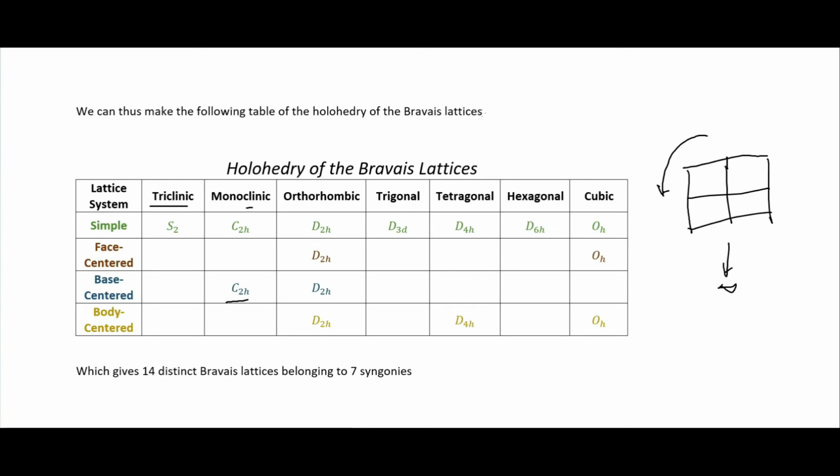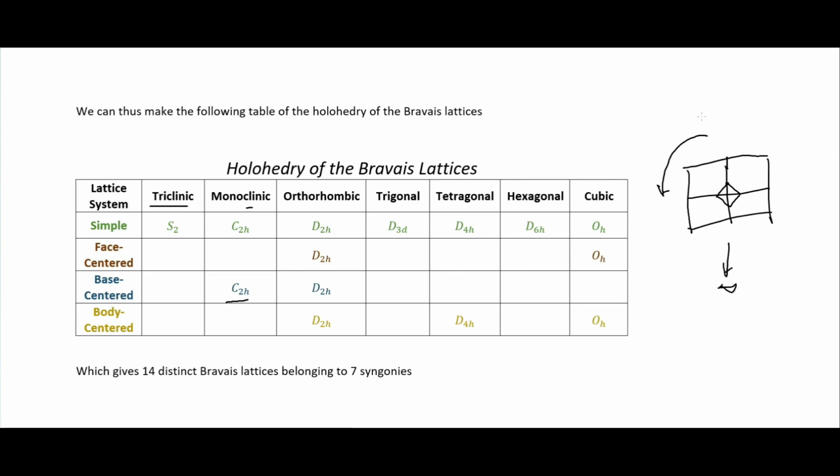Like I said, in the next video, we'll start thinking about what happens if we start putting things with symmetry into each of the lattice points, and that will bring us to the idea of the hemihedry of these lattices, because we're reducing the symmetry of the lattice itself by putting objects in it that have less symmetry than the lattice. But I will get into that in the next video.